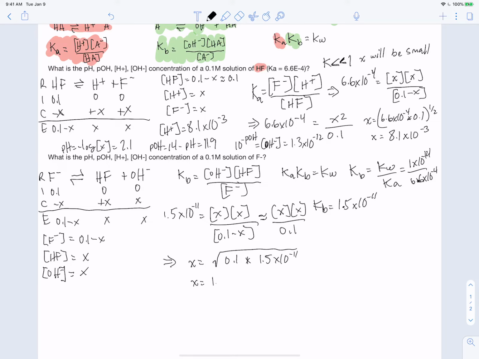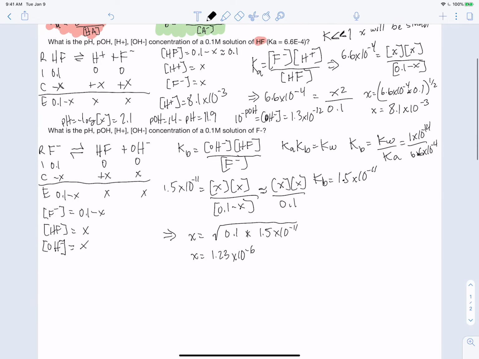And we come out with an extremely small number of X equal to 1.23 times 10 to the minus 6. And so now we want to take this and we want to actually use this to solve whatever the question was. The question was asking about the pH, the POH, the H plus and the OH minus concentration. So I come back over here and I remember that the whole reason we were doing all this was to solve for X so that we could take it and plug it back in to these relationships that are developed over here algebraically.